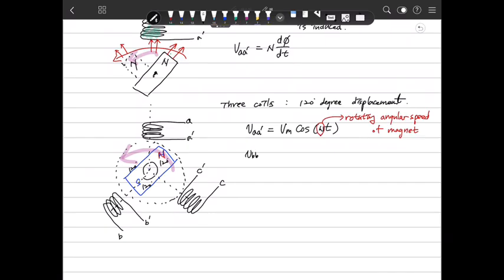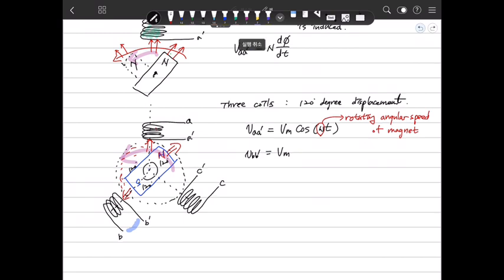Then VB prime, the induced voltage, will have the same magnitude, but the magnet goes rotating here and then here. The same phenomenon happens in the B phase winding 120 degrees later than when the A phase winding has that phenomenon.